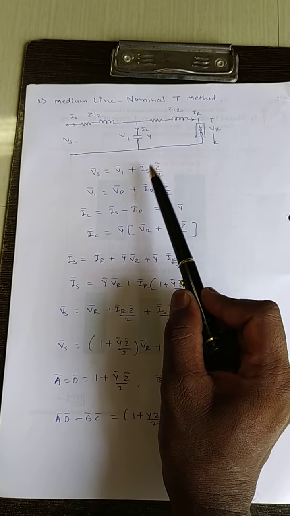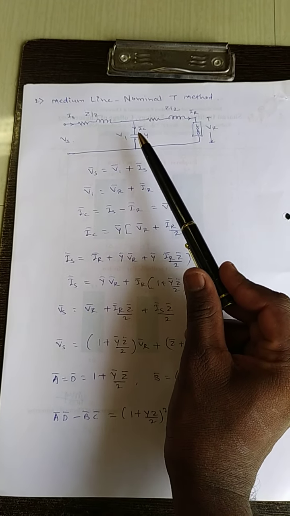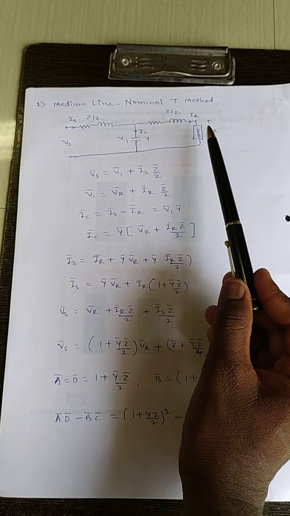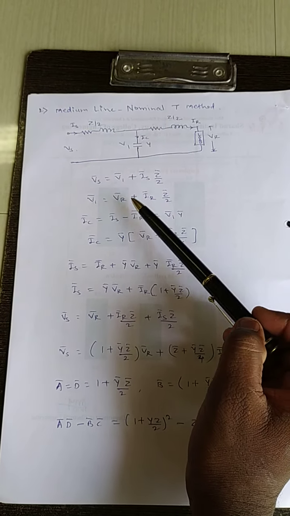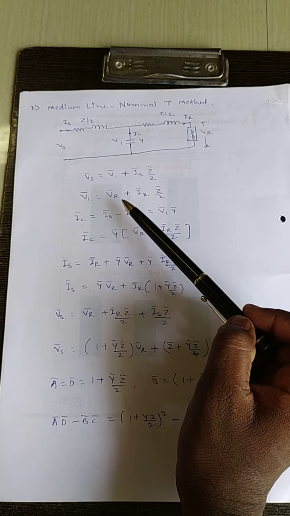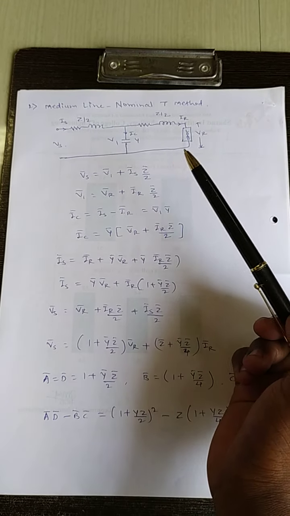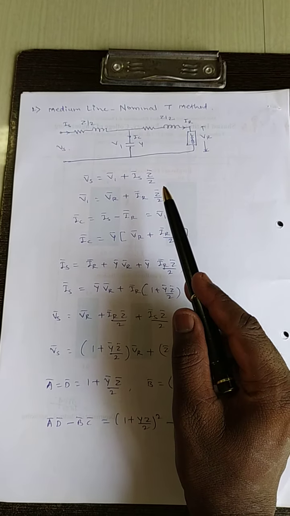Then the voltage across the capacitor is equal to the voltage across the receiving end plus the voltage drop across the impedance. That is, vector V1 is equal to VR plus IR into vector Z divided by 2.